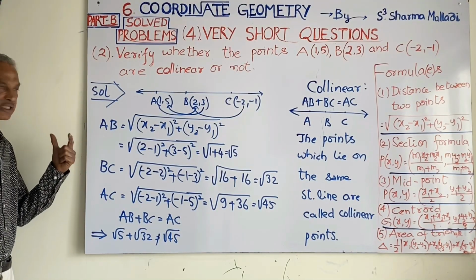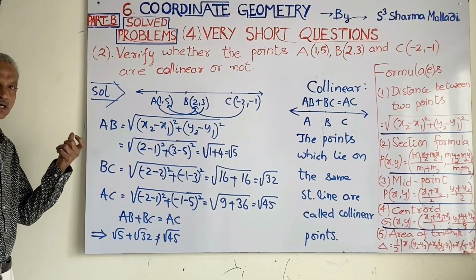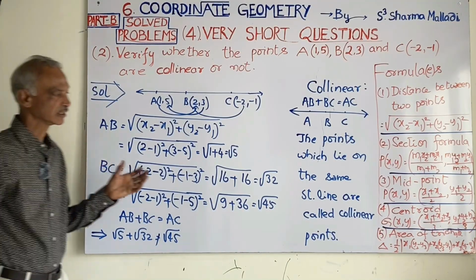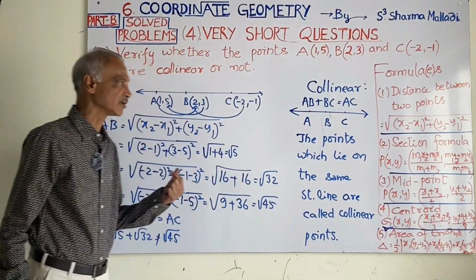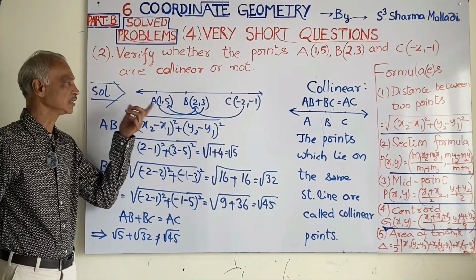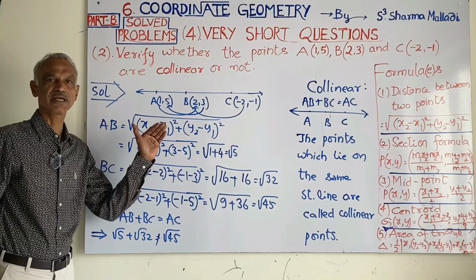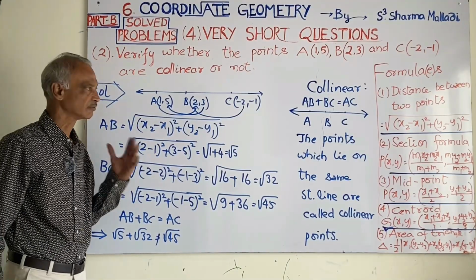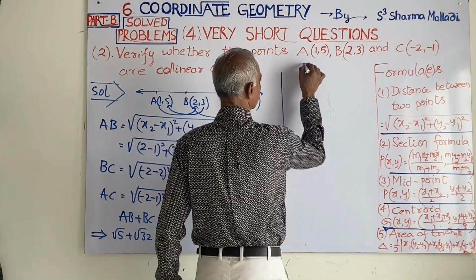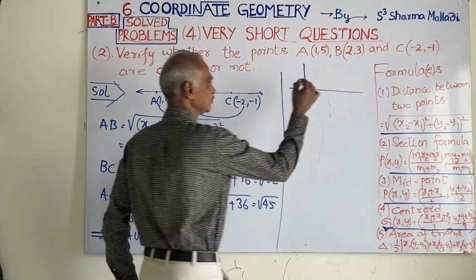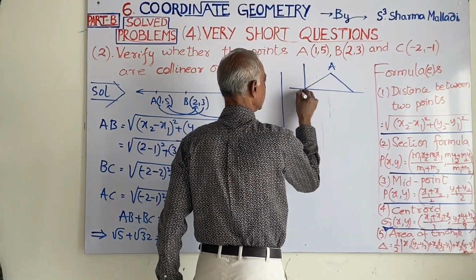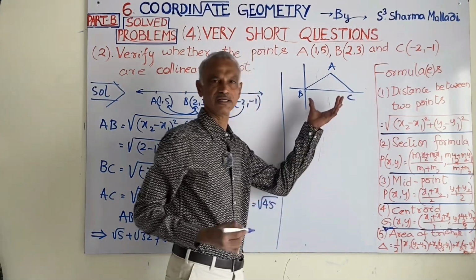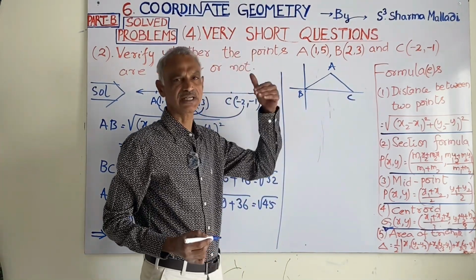We can check whether these points are collinear or not by using the area of the triangle. What is the area of the triangle formed by these 3 points? That will be 0. Why? I will show you. Take a triangle A, B, C. If you take a triangle like this, the area will be 10 square units.